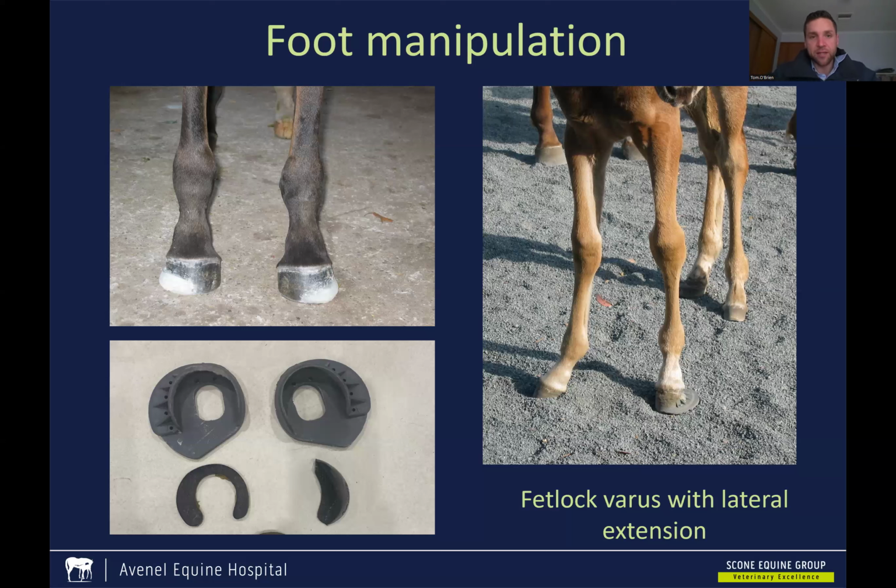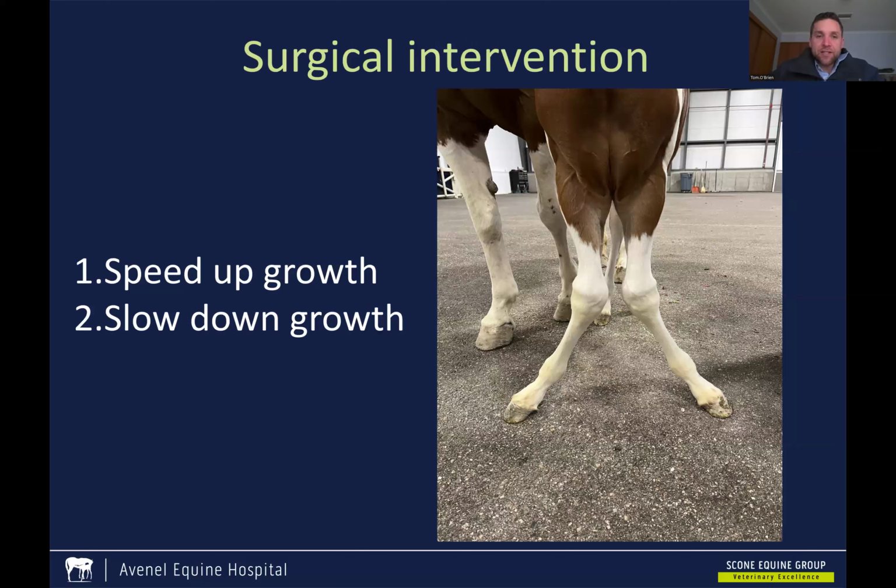But nonetheless, used in the right circumstance, they can be very effective at supporting hoof balance for various types of angular limb deviations. And so if conservative management isn't working or it fails, and we get to the point where we go, okay, what options are we left with? We get to surgical intervention.